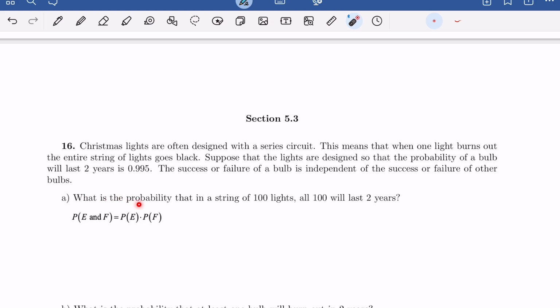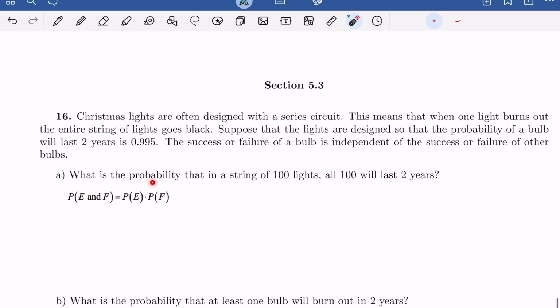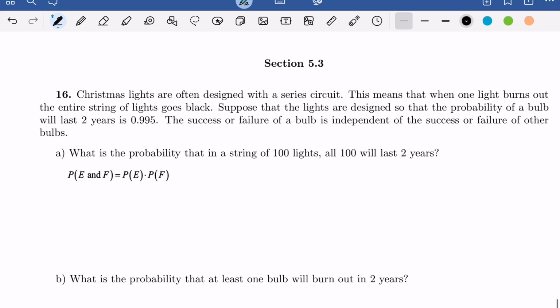Now, for part A, what is the probability that in a string of 100 lights, all 100 will last 2 years? So we have the multiplication rule for independent events here. If we want to find the probability that event E and F occurs, this is going to be the probability of event E times the probability of event F. So for this problem, we want to find the probability that all 100 bulbs last 2 years.